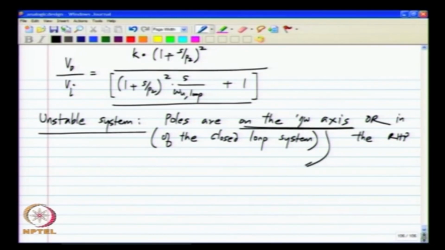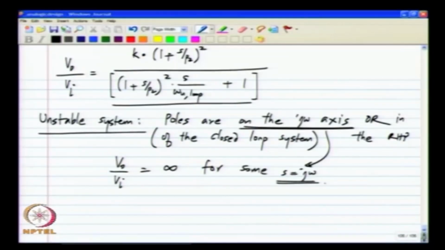For this condition, V naught by V I is infinity for some s equals j omega. Now, if we had a single extra pole P 2, this would never happen, but for more extra poles this can very easily happen. So, how do we solve for it?